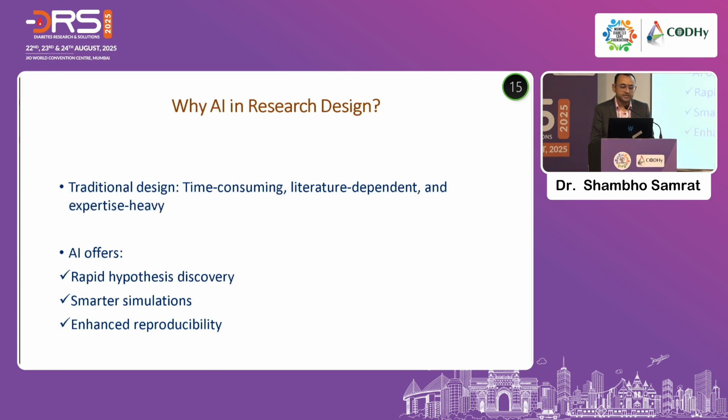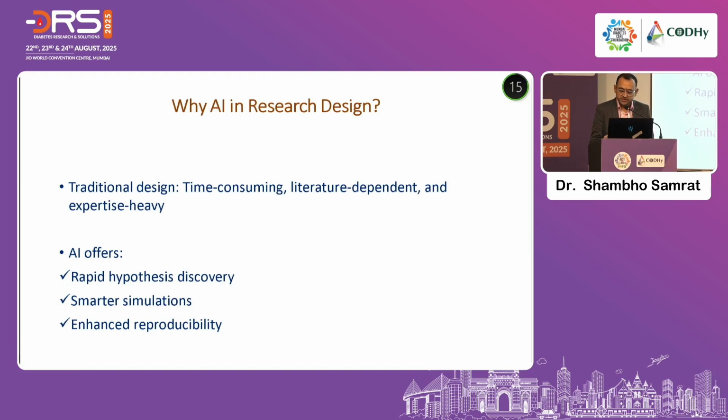So we all know that we want to speed up everything, and that rapidness, compressed timeline, actually tells us why we should shift from the traditional design, which is time consuming, more literature dependent and expertise heavy.